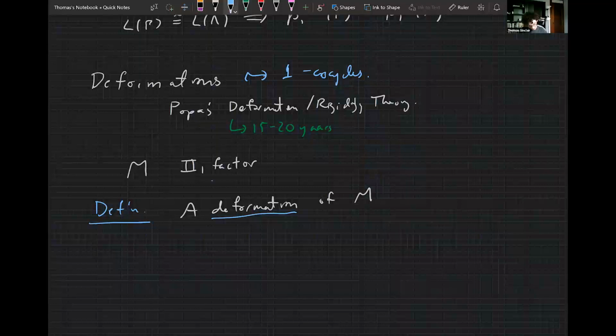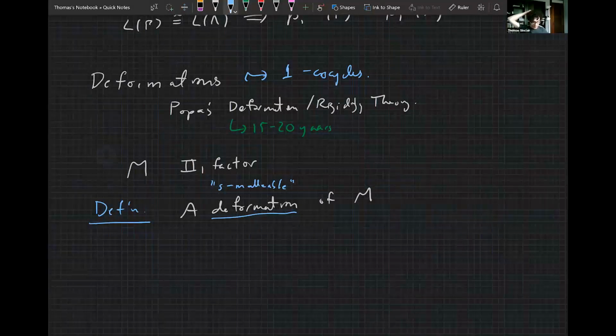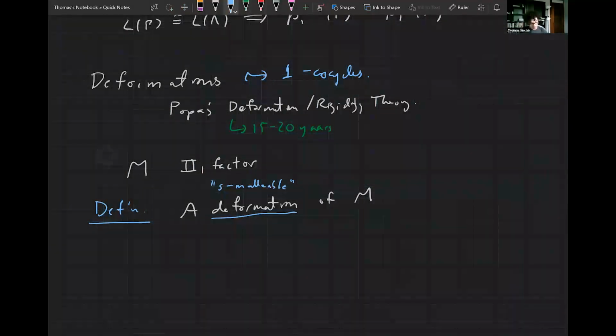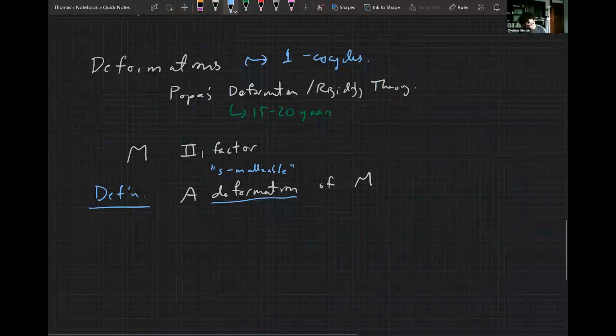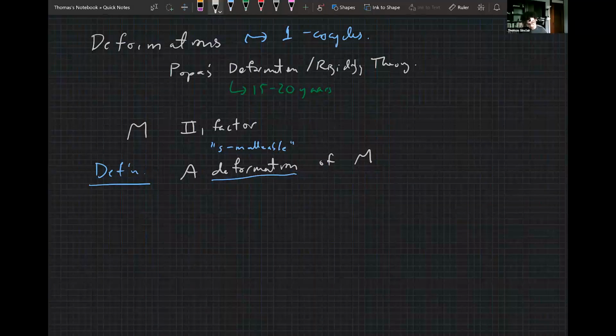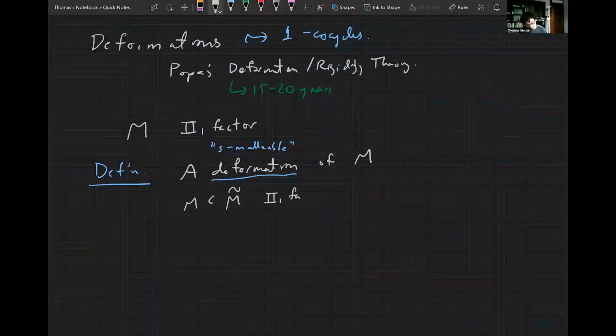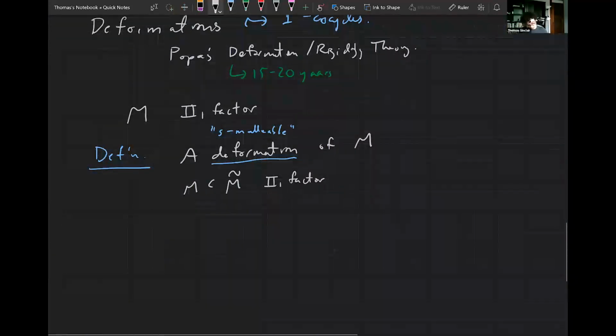This is what Popa calls an s-malleable deformation, but I'll just say deformation for shorthand, and I always mean this. So it's a collection of objects. One, you need an over II_1 factor. So this M is now swimming around in this bigger II_1 factor M tilde. Again, you want a unital inclusion.